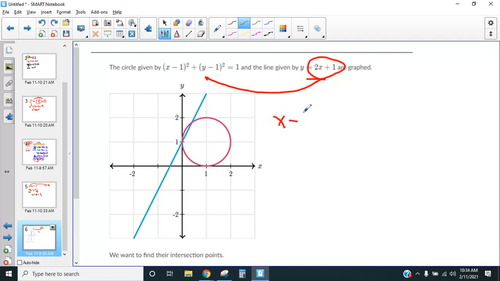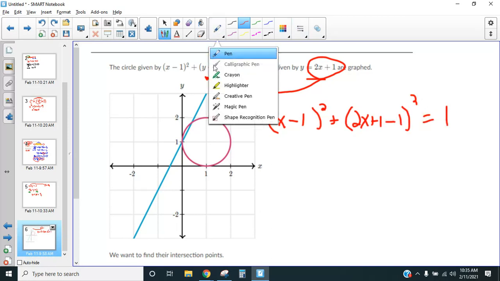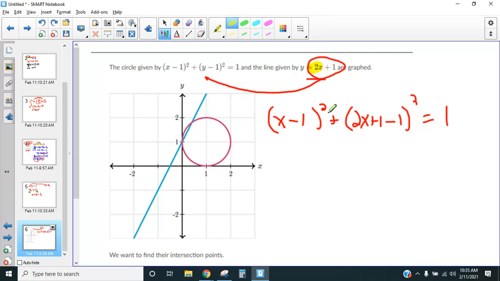So it would be this kind of long-looking thing that we'd have to do a lot of distributive property on. I want you to notice one thing, though. Right, I substituted this into there, right, that whole thing into there. What can I do with the +1 and -1? Cancel. Yeah, they'll cancel out.